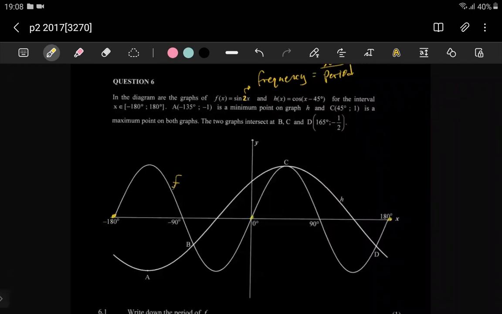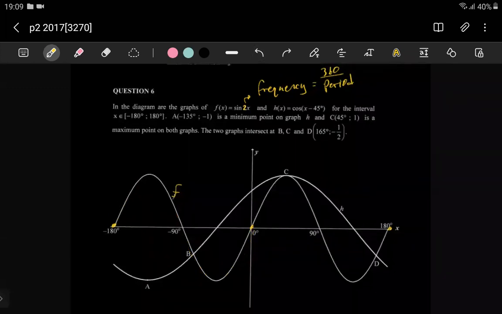Then there is a space of 180 again. So in a space of 360 degrees, you have 2 full graphs, because you have one full sine graph over here, and then it stops, and then you have another full sine graph. So your 2 here is telling you that you have 2 full graphs in a space of 360.